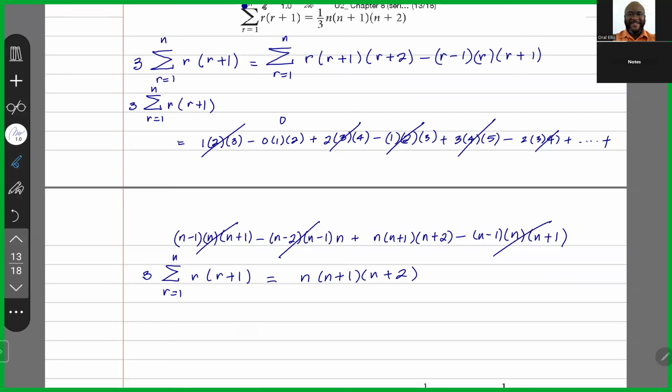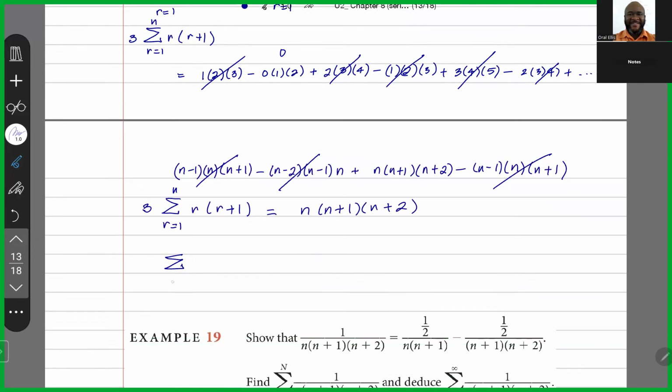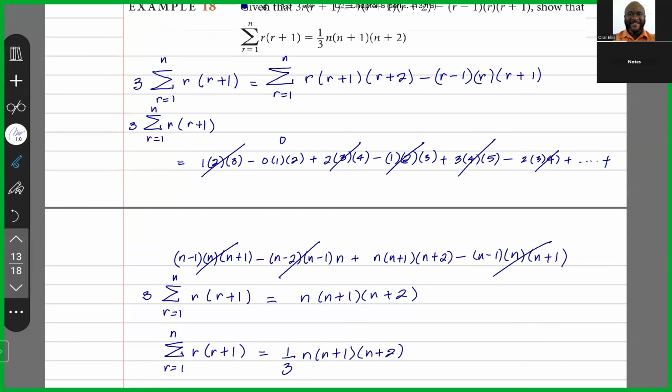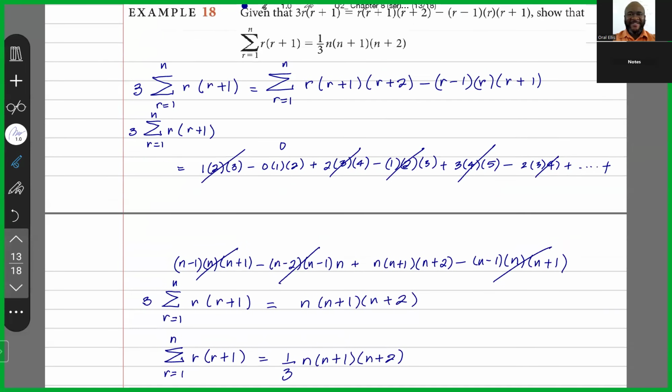And if I divide both sides by 3, I'm going to get that the summation from r equals 1 to n of r into r plus 1 is equal to 1/3 n plus 1 times n plus 2. So let's see if that's what we're asked to do. And yes, that's what we're asked to do. Example 18 is asking us to do exactly that, and that's what we did.